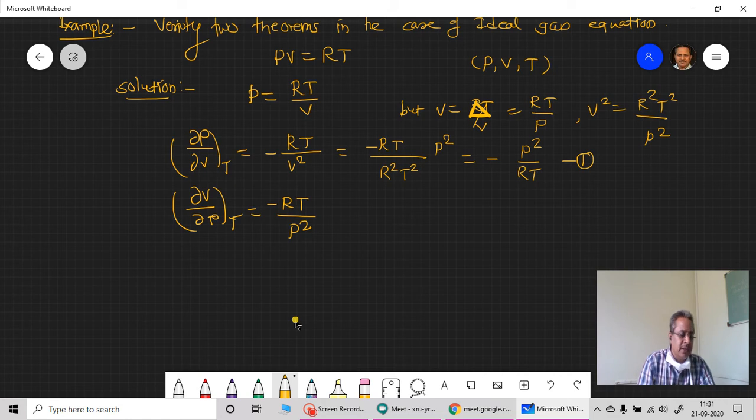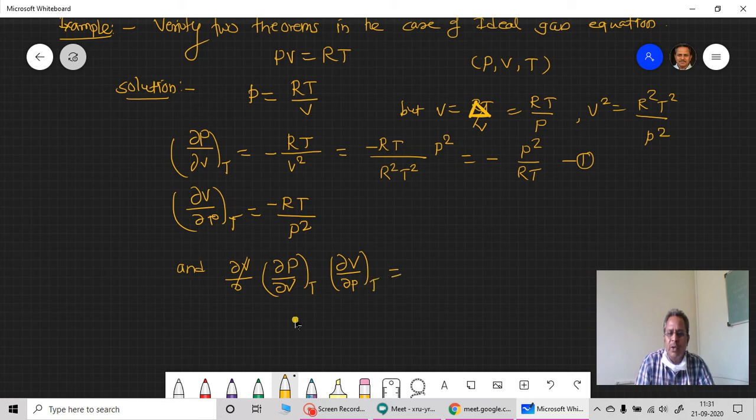Therefore, take this product: ∂P/∂V at constant temperature multiplied by ∂V/∂P at constant temperature is equal to, now look at this, the first was minus P square upon RT, this is my first bracket, and the second bracket is minus RT upon P square.